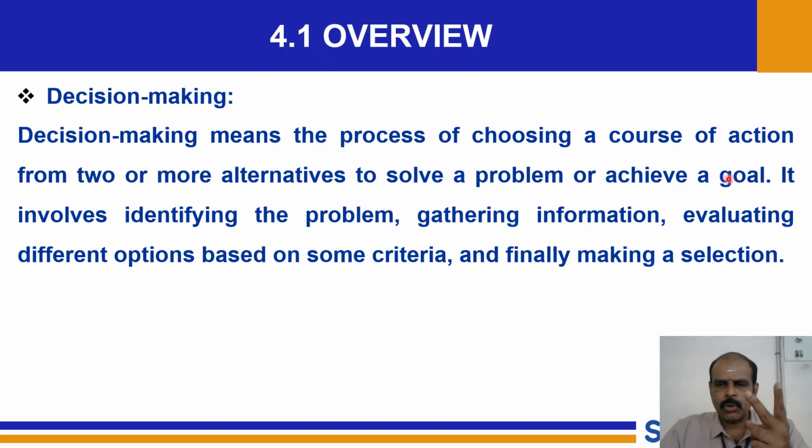The minimum requirement is that we should have two options or two alternatives, though there can be multiple alternatives. The reason for selecting among these alternatives is maybe to solve a problem or to achieve a goal. It can be anything.